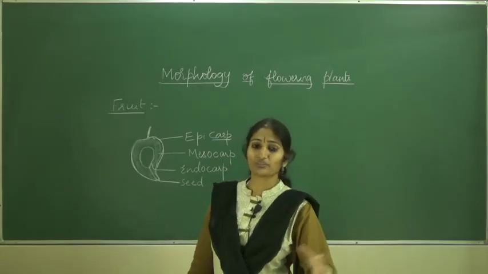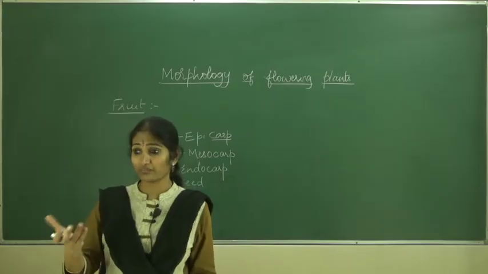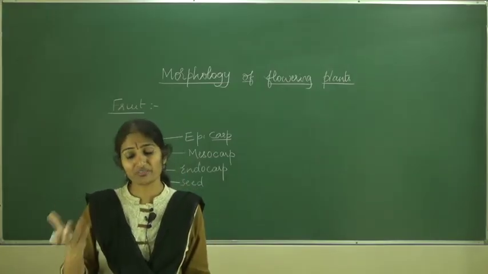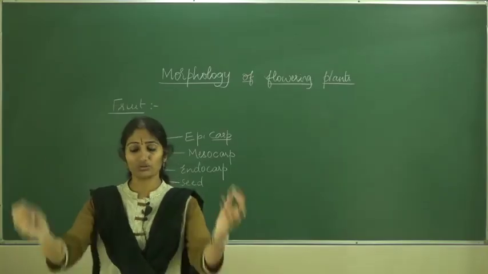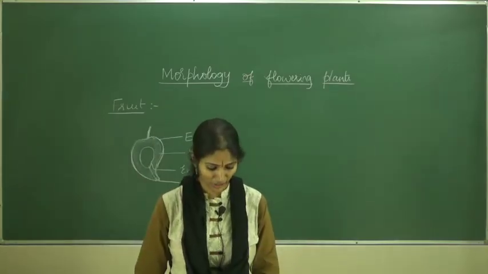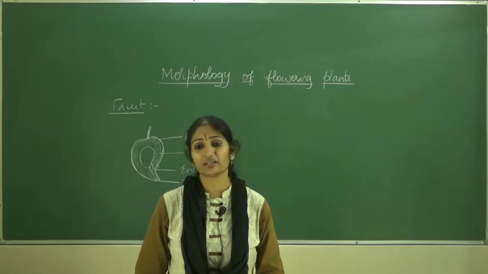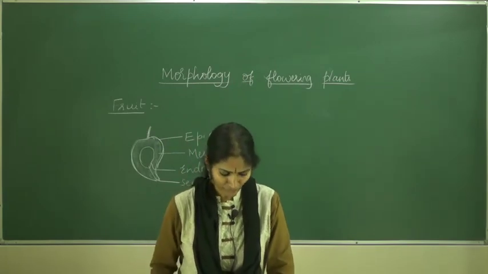So depending on the flower, you see the seeds very differently. Suppose you have the pomegranate, the flower is very different, so you can see the arrangement of the seeds also very differently. So epicarp, mesocarp, and endocarp are all different parts of the fruit.